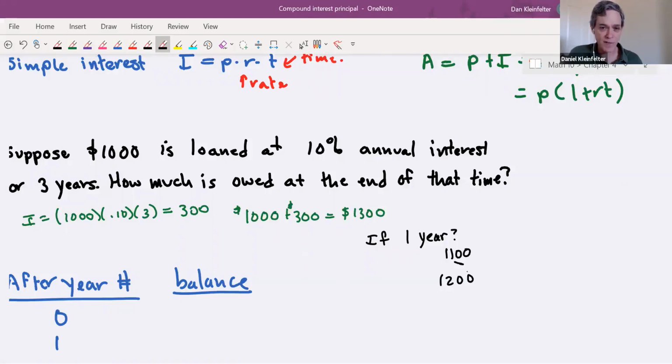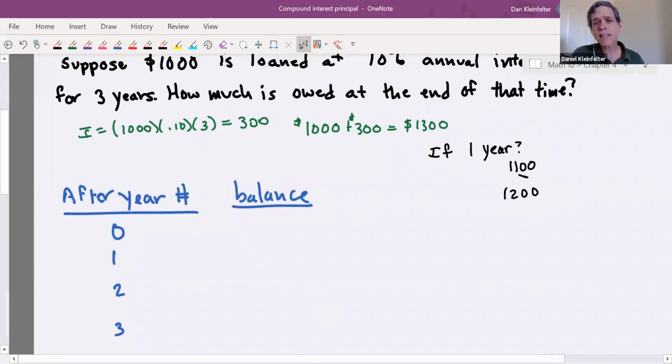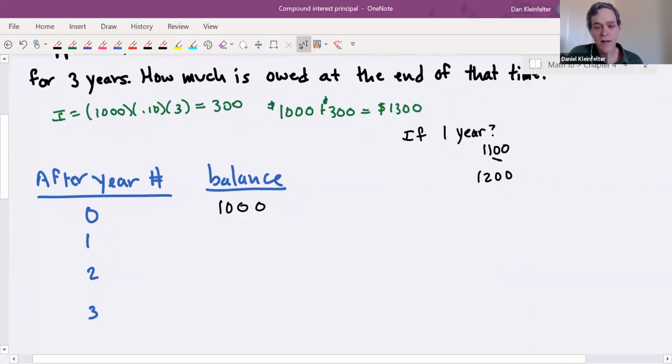And so let's see if we can see that in more detail. So instead of figuring out that interest just once, let's figure out the interest every year and add it to how much they owe us. So after year 0, that is when we first make the loan, the person owes us $1,000. Okay, after 1 year, we call them up and say, okay, it's been a year, are you going to pay us back?